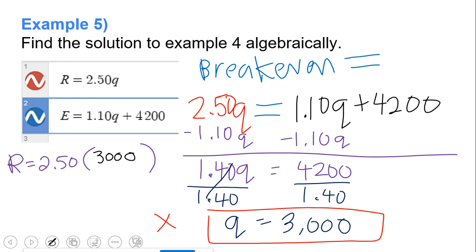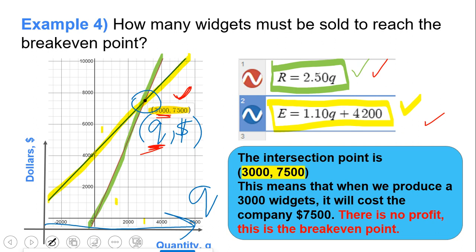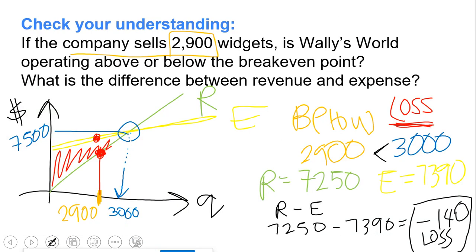This is just the simpler one. And if you do 2.50 times 3,000, you will get 7,500, which is the y value that matches. And remember, revenue, that's money, dude. And if we look back at the y-axis, dollars was on the y. We got 7,500, we got 3,000. Life is good.